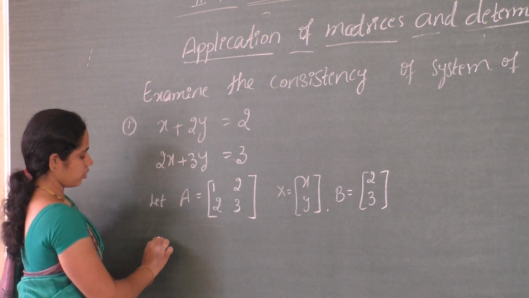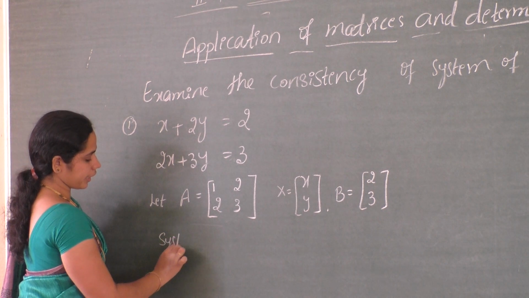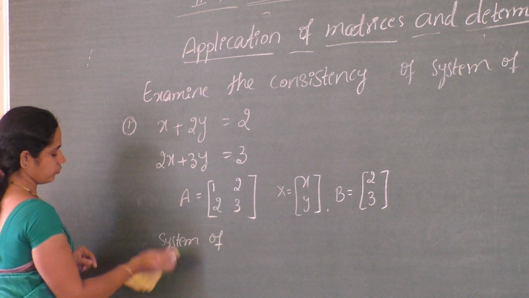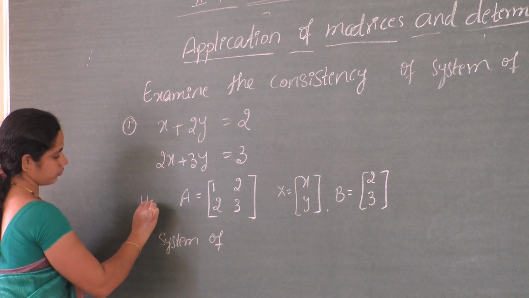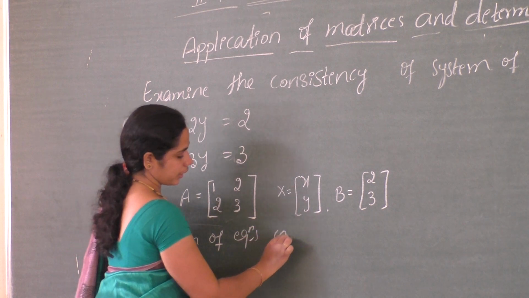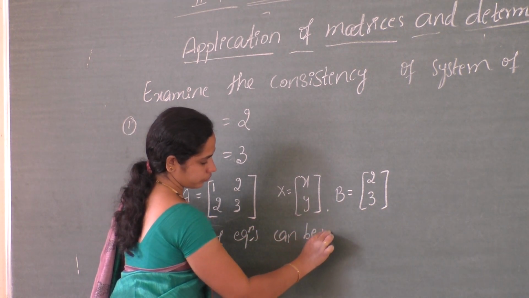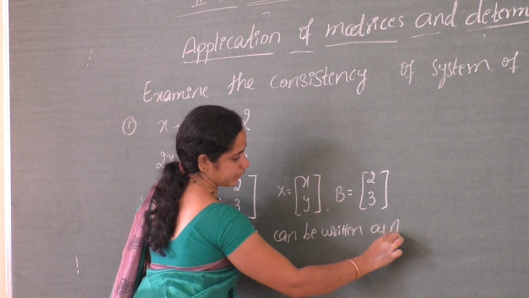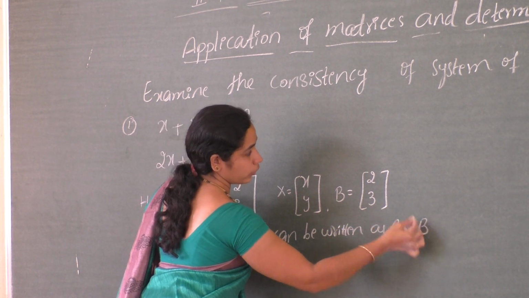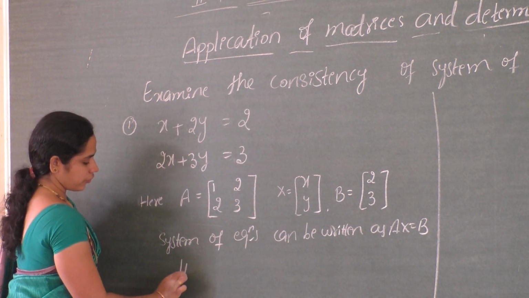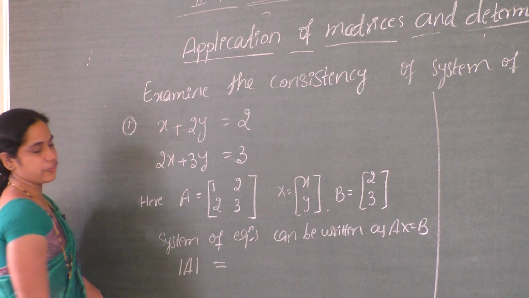So the system of equations can be written as AX equal to B.